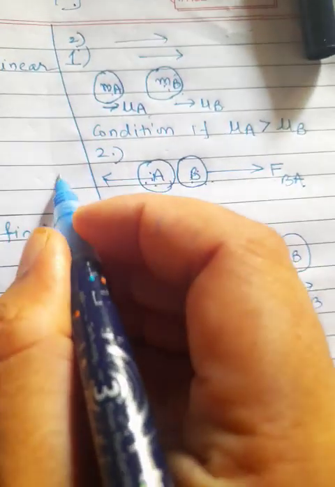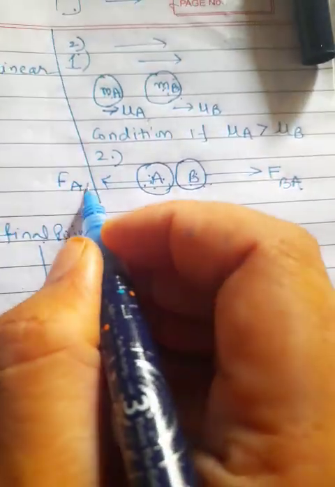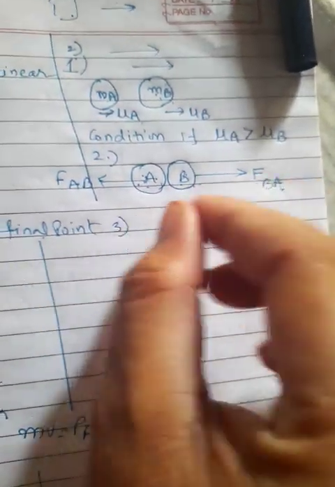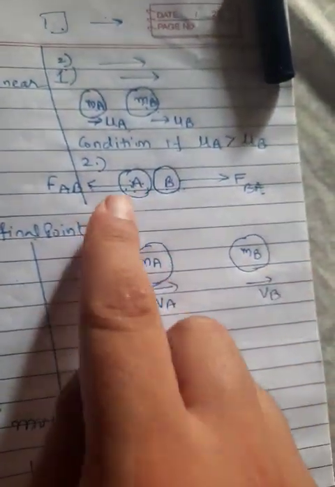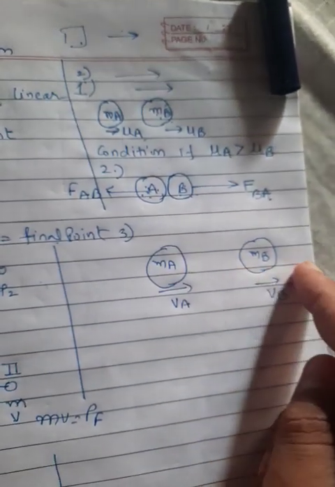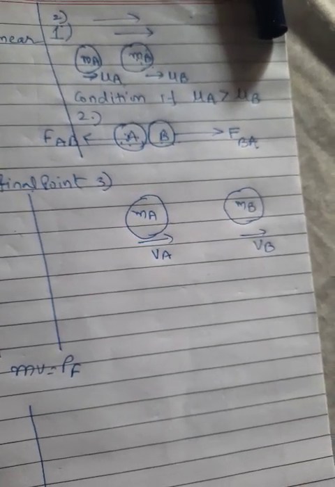So on this side we write F, meaning A is getting force and B is giving. So we will get force like this. But you know that its velocity is more than both, so this body is moving in this direction. After collision, this body is also moving, this will be the final velocity. Any doubt to any student?